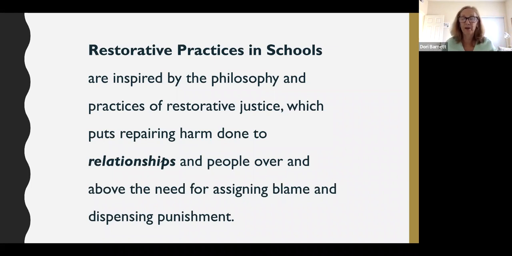So that's the paradigm shift. Instead of looking at who's to blame and what we're going to do to that person, restorative practice looks at how we are going to repair the harm done to relationships and community, and how we are going to make things right.